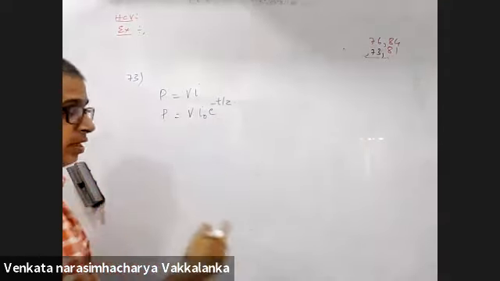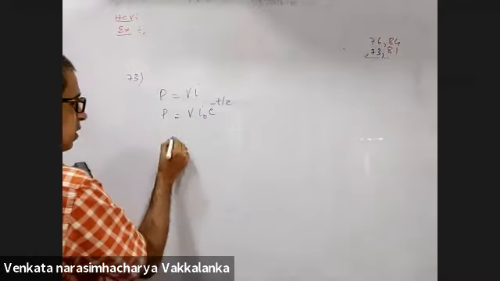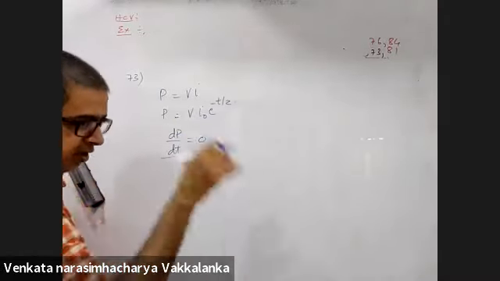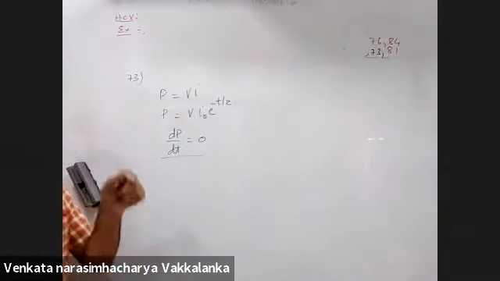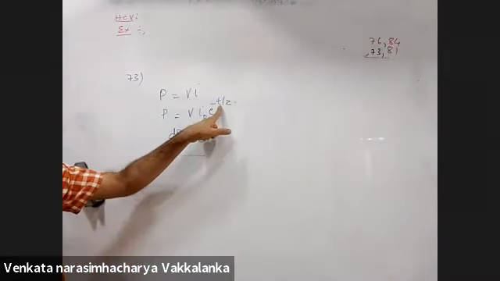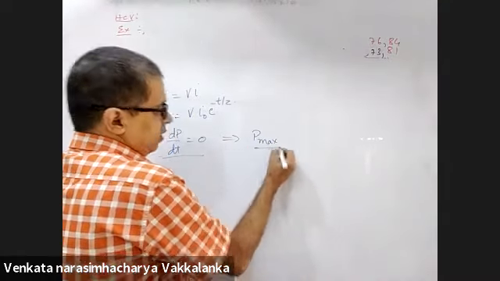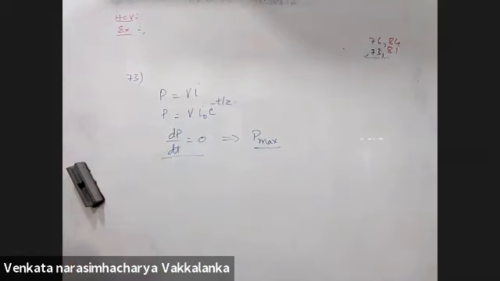Now, when is the battery delivering maximum power? dP by dt should be 0. First, to find out the time after which the battery is delivering maximum power, substitute the time here. I will get P maximum first of all here. How many time constants will elapse before the power delivered by the battery drops to half its maximum value?